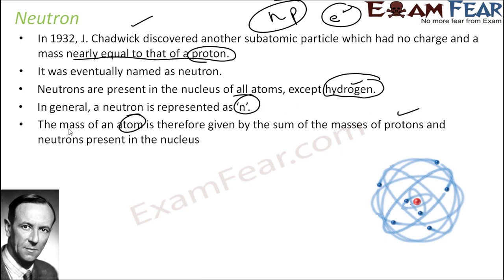Why? Because the mass of the electron is almost negligible, so we ignore the mass of the electron. The sum of the mass of proton and neutron is the mass of the atom. Mass of atom is mass of proton plus neutron.